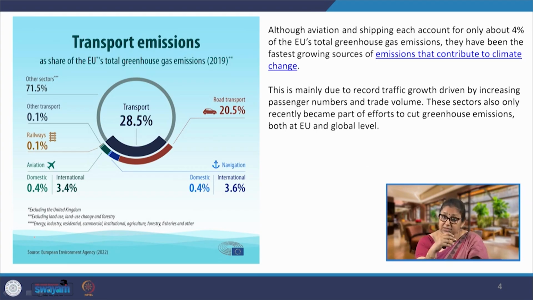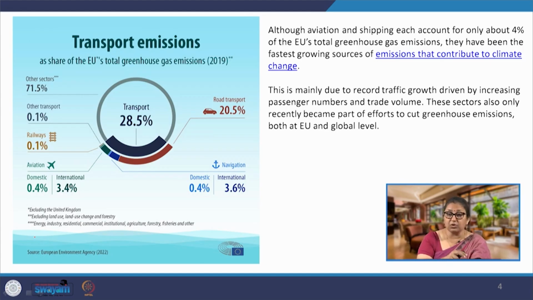Of this 28.5% coming from transport, the biggest contributor is road transport, which is 20%. For the remaining ones, aviation contributes close to 4% of the total emissions. So, we are talking about 4% out of the 28.5%, which is again a significant contributor.